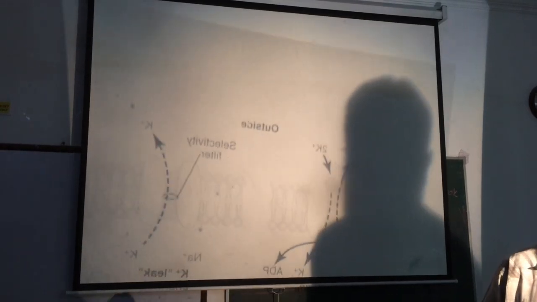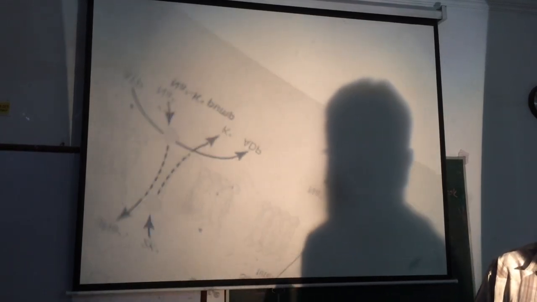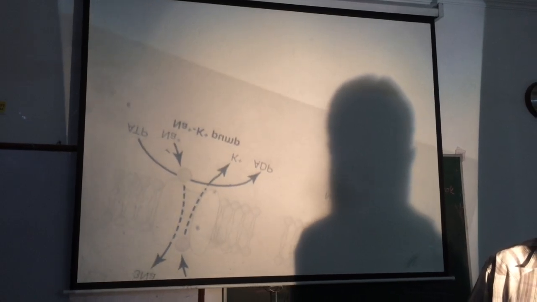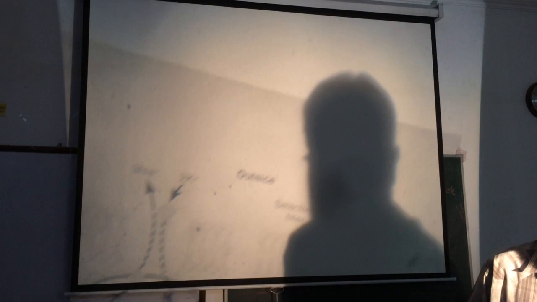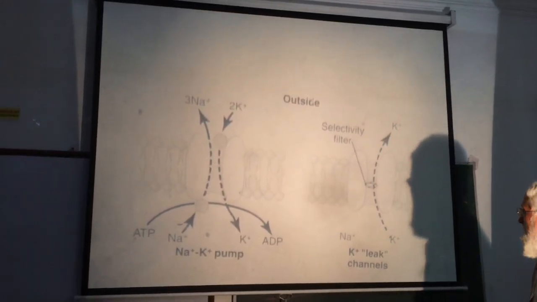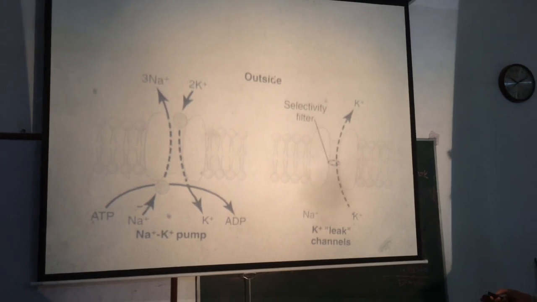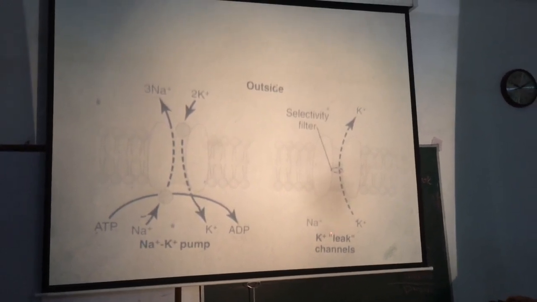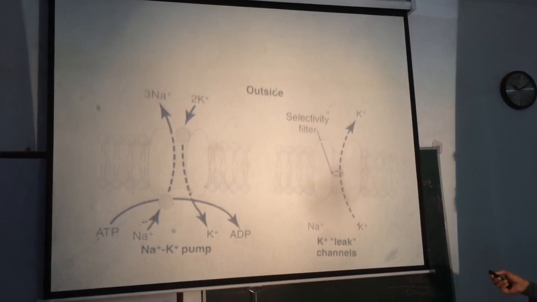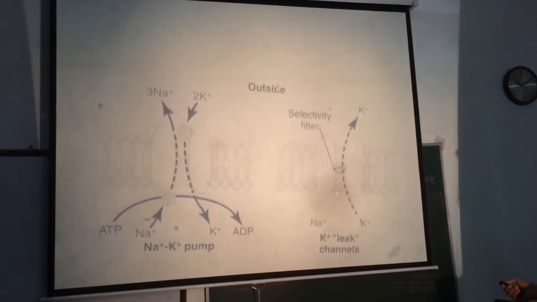In the last lecture, I told you that in the cell membrane there are potassium-sodium leak channels or potassium leak channels, having a selectivity filter which allows potassium ions to diffuse out.